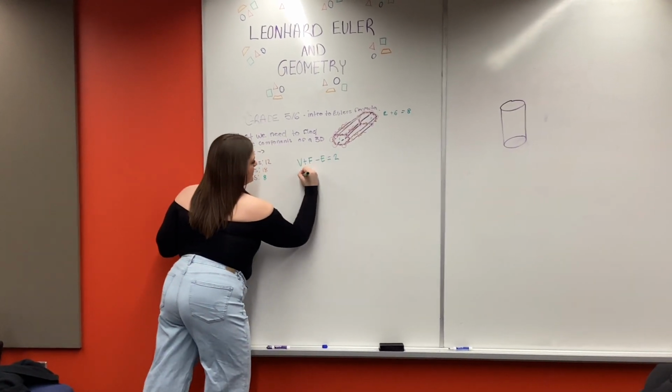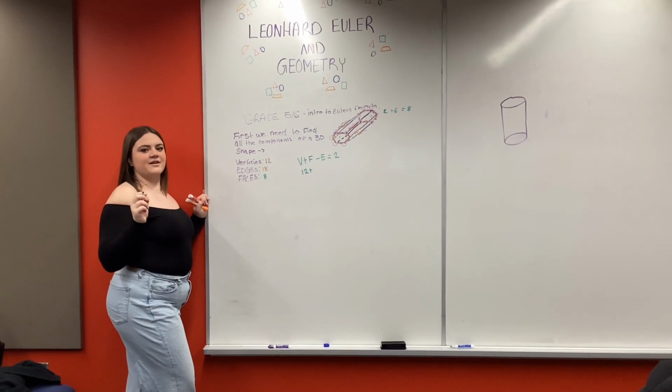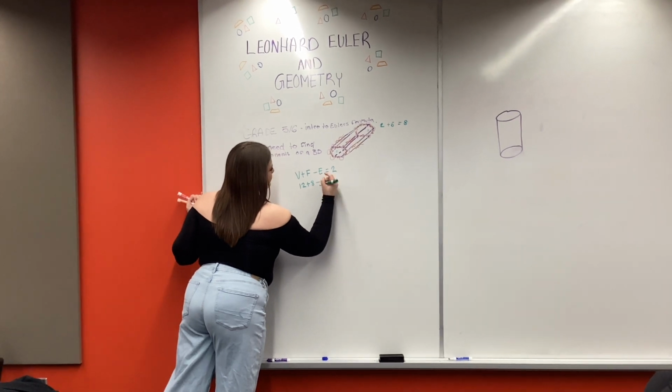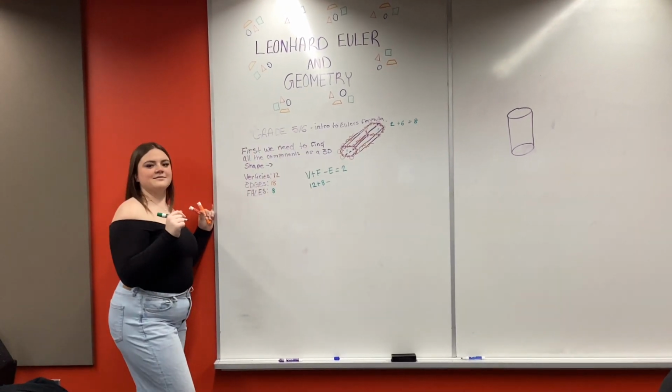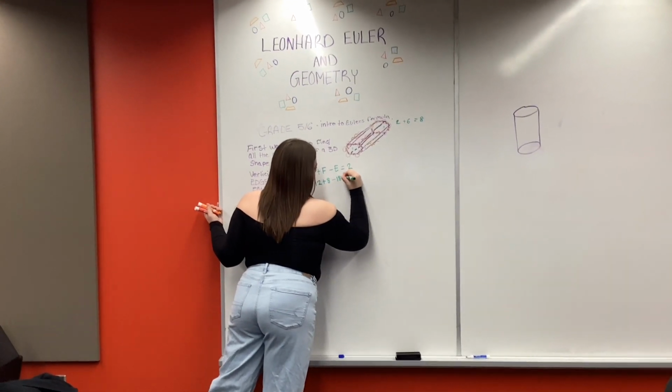So we're going to write underneath 12 plus, can anyone tell me how many faces we have? 8, perfect. So then we have 8 faces minus the number of edges. Anyone? 18. Perfect. So, equals 2.